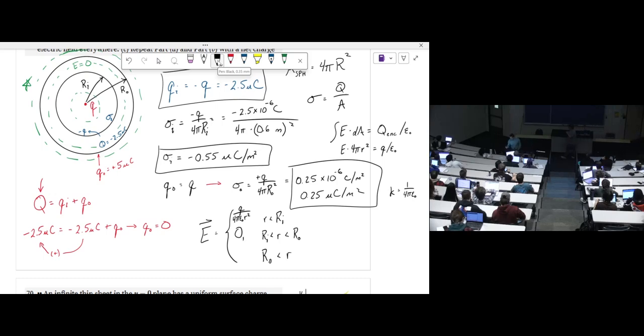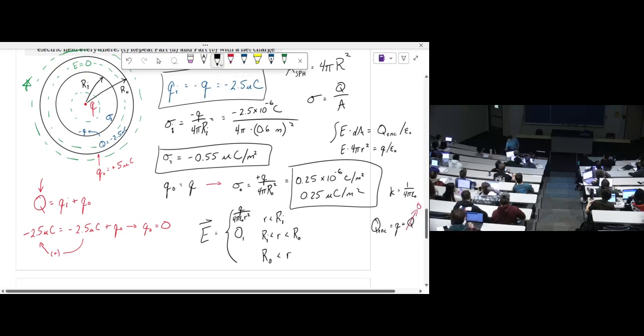In this case, the charge enclosed, Q enclosed, is equal to the charge at the center plus the charge on the shell. But the charge on the shell is 0. So we still have the same amount of charge enclosed by this outermost green circle. So we still get Q over 4 pi epsilon naught r squared.